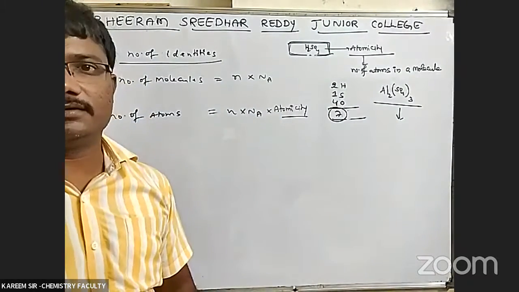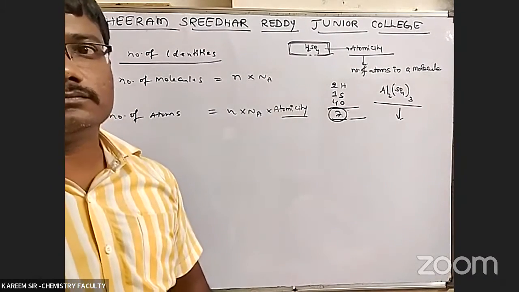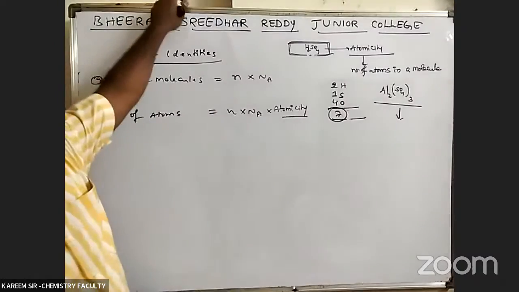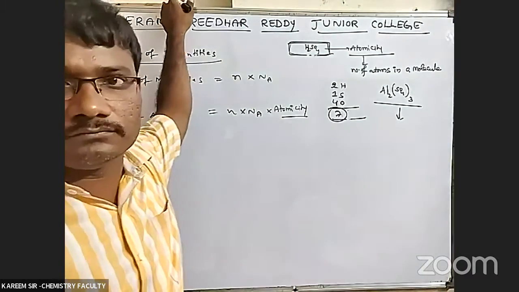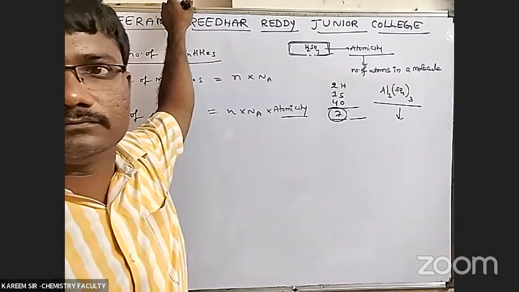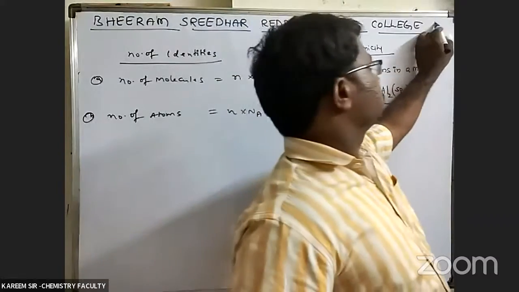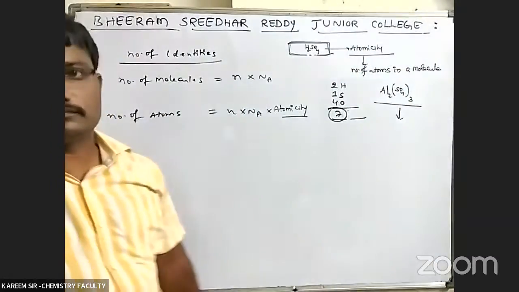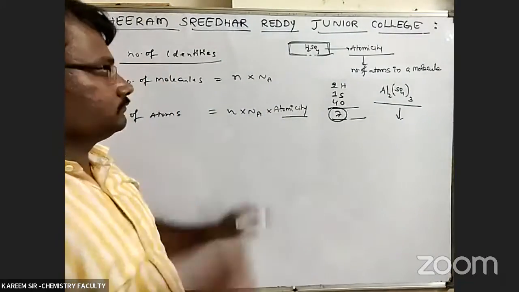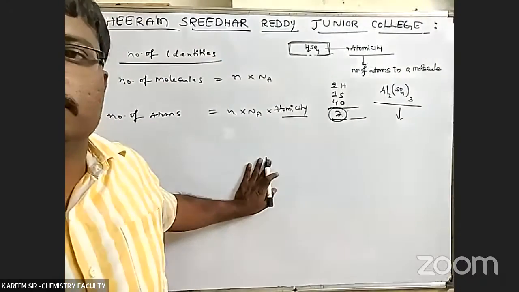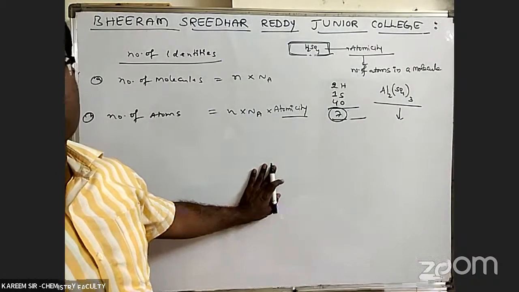What is the atomicity here? How many atoms are there?